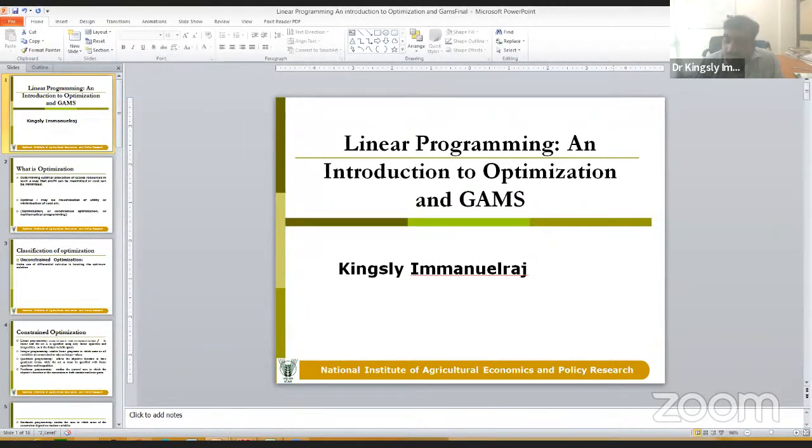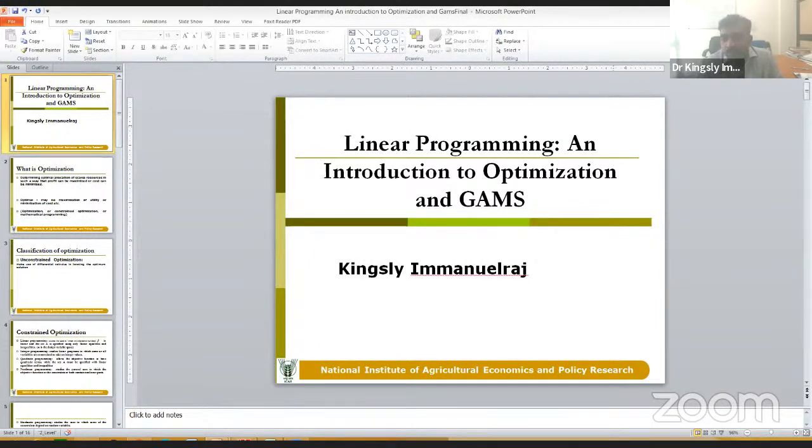We are interested in maximizing the net revenue. Net revenue is nothing but the sum of net revenue per hectare times the area under the crop. Let us assume that each crop you allocate per hectare of land. How do you write the equation? It's like a sum.